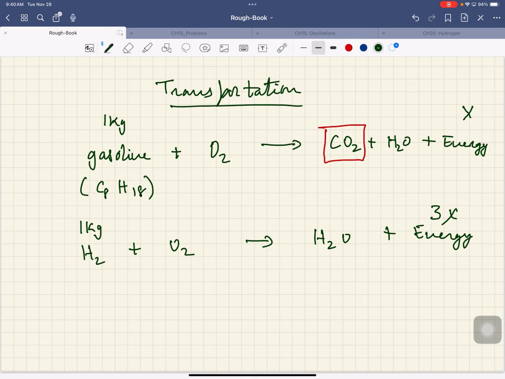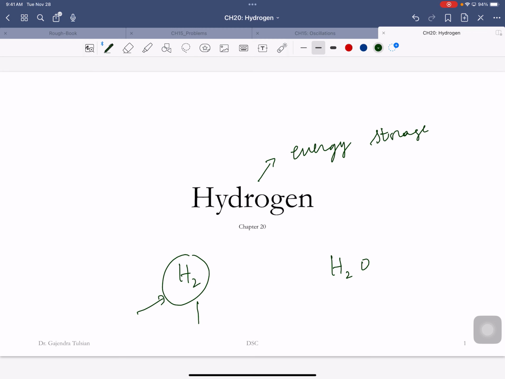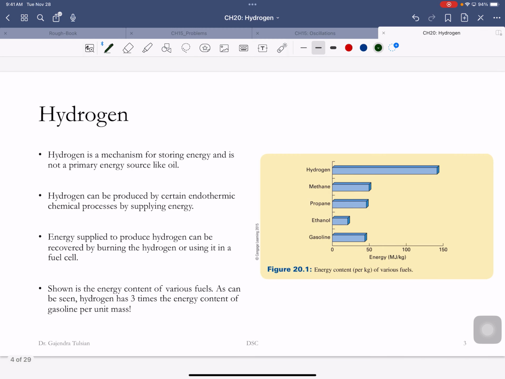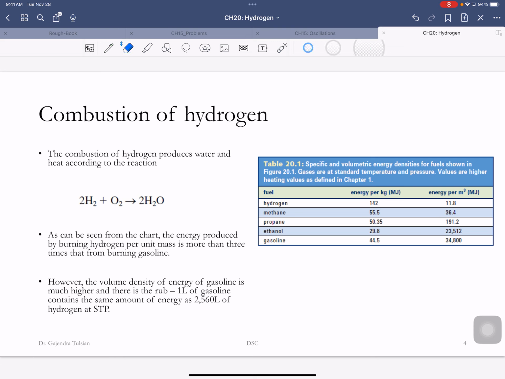So, here's why you don't use hydrogen in your cars. 1 liter of gasoline, hold your coffee cup up. That's 1 liter of gasoline.